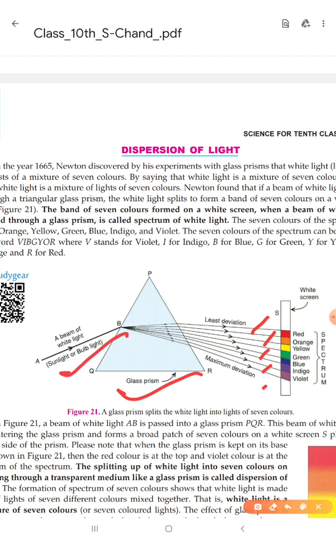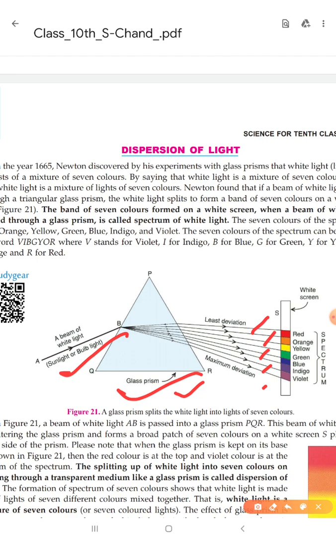This is white light, sunlight you can say. Sunlight is also called white light because it is a combination of a number of colors. That's why we say it is white light. When white light passes through a glass prism, it deviates into seven colors.